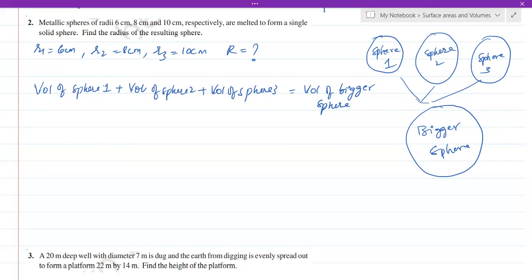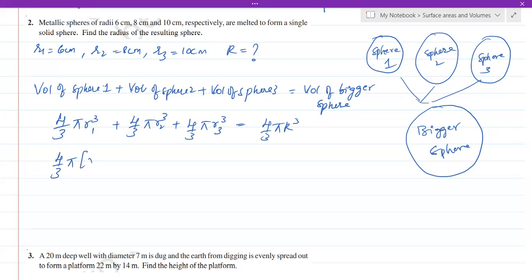Volume of sphere is given by 4 by 3 pi R cube. For sphere 1, it will be 4 by 3 pi R1 cube plus 4 by 3 pi R2 cube plus 4 by 3 pi R3 cube. That will be equal to 4 by 3 pi capital R cube. In the LHS, you can take 4 by 3 pi as common. So what is left out?